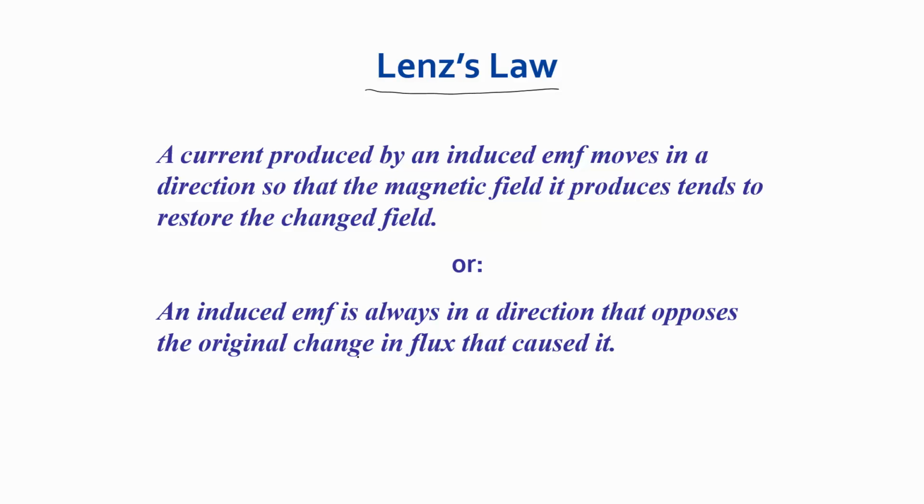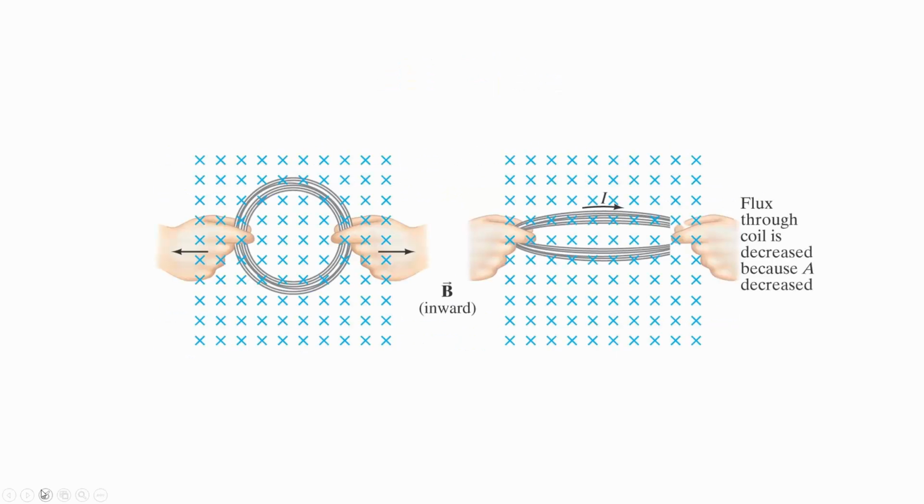So you can think of this as just always opposing change. So if the flux is increasing, the EMF will be created in such a way to try to decrease the flux. And if the flux is decreasing, the EMF will be created in such a way to try to increase the flux. So it will always oppose changes. We'll go through some examples where that should become clear.